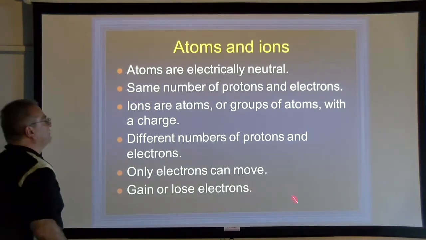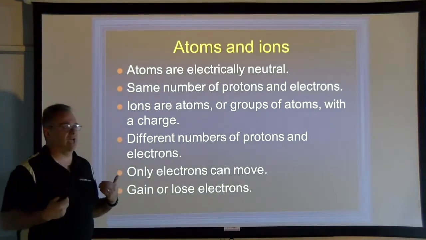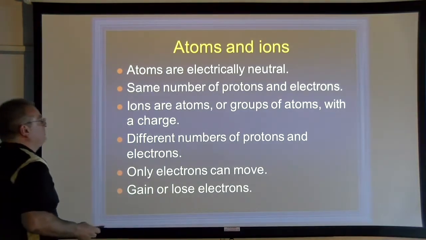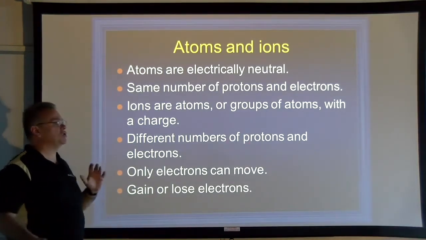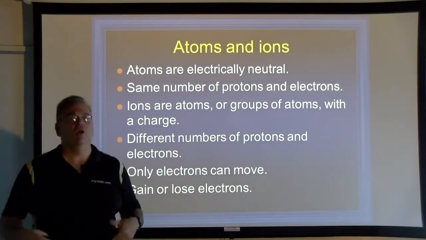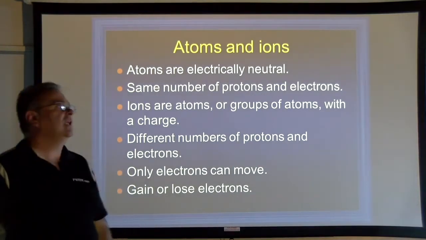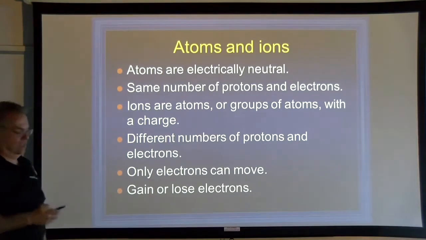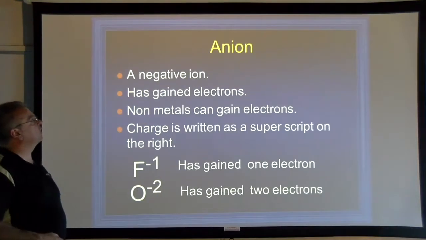The nonmetals have the tendency to draw electrons to themselves and become anions. So what's being transferred or shared when these compounds are created is those valence electrons. That's a key component of how chemistry works.